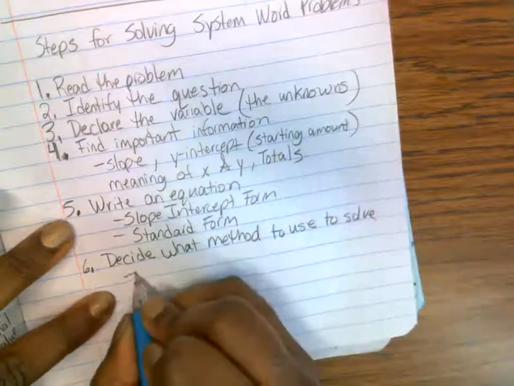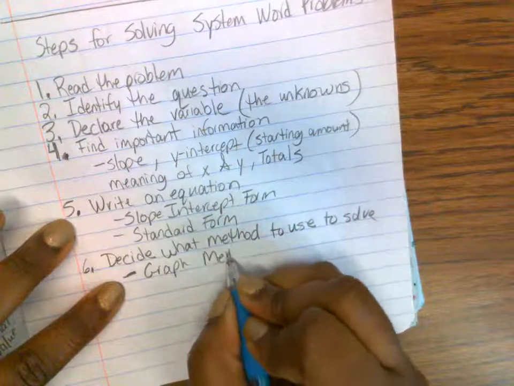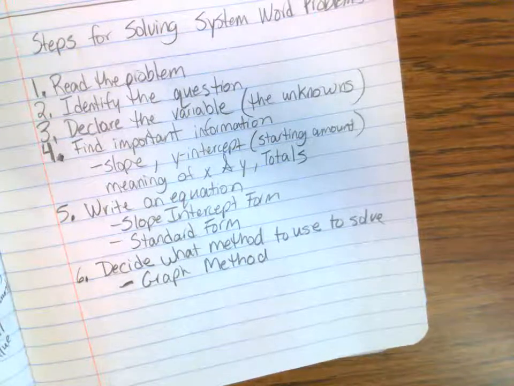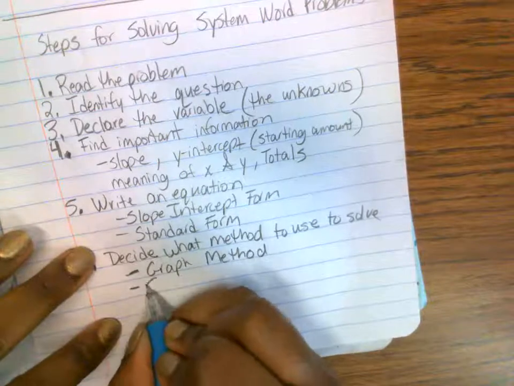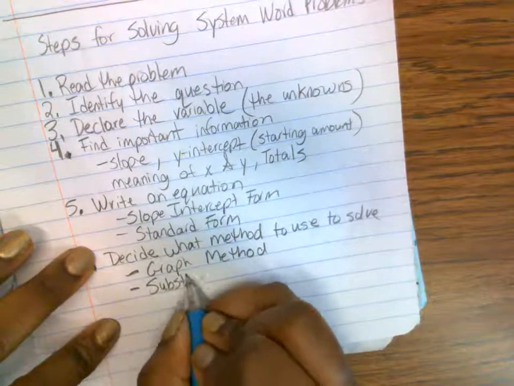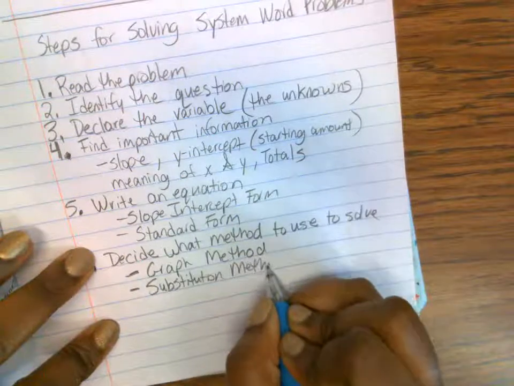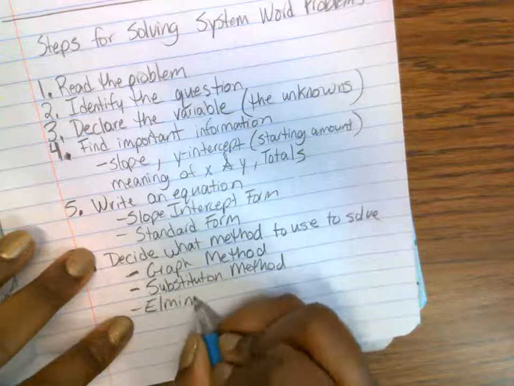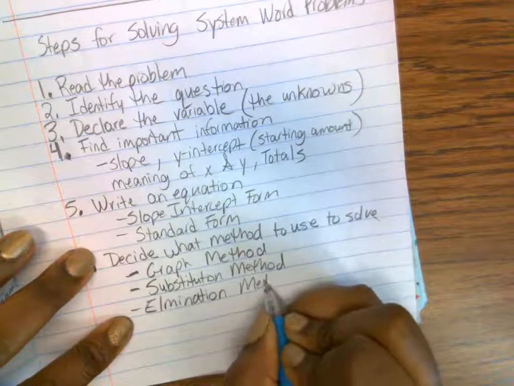And remember, the 3 methods that we've been using: the graphing method, where we graph the equations to see where they cross each other or if they cross at all. Or we use the substitution method. Or we use the elimination method, which most of you said the elimination method was the easiest method.